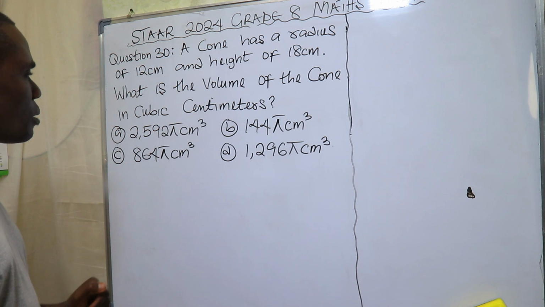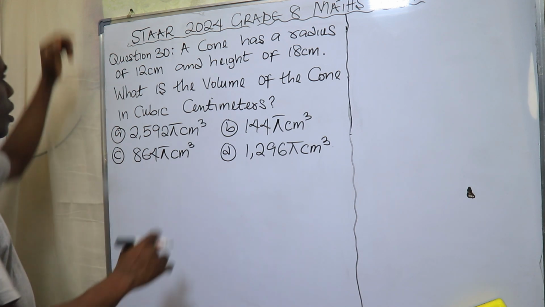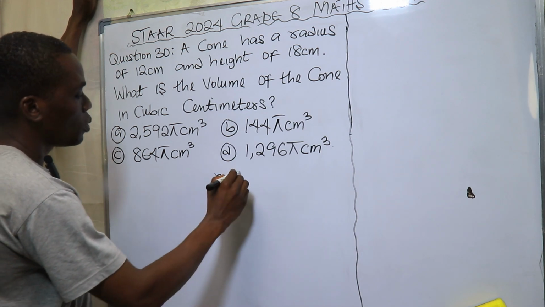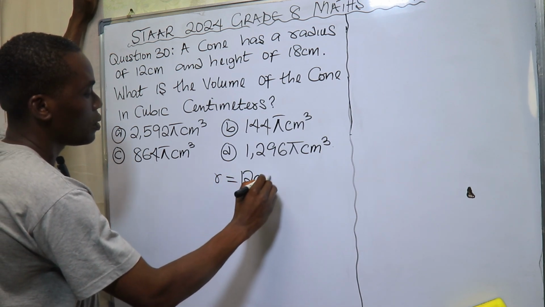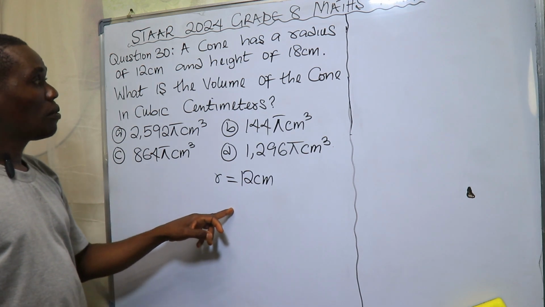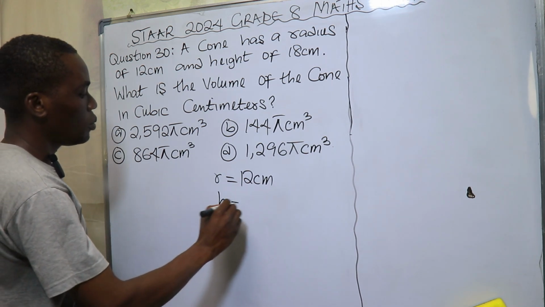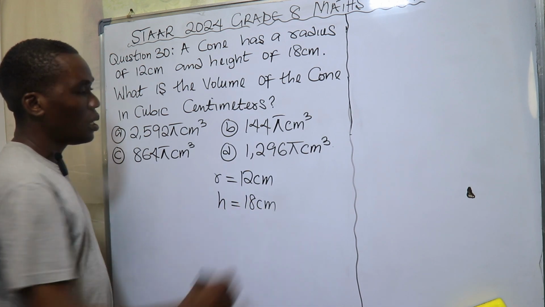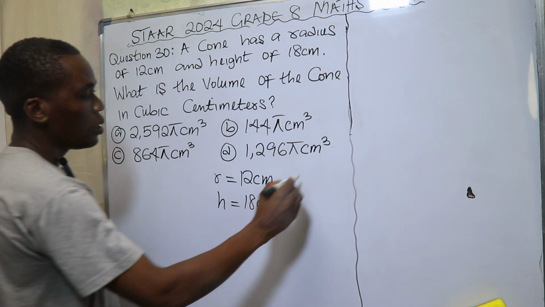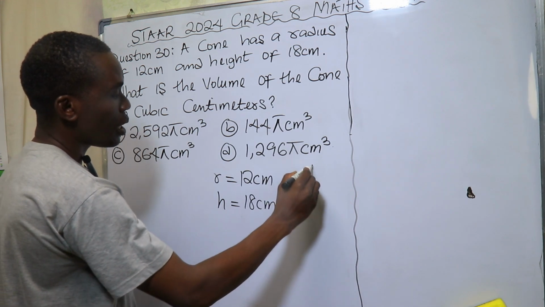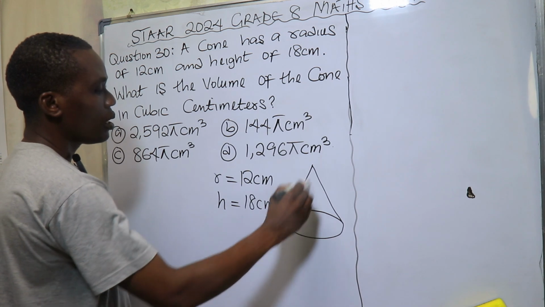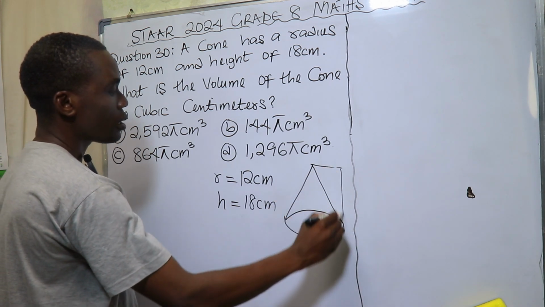Now from this given expression, what are we given? We are given the radius to be equal to 12 centimeters, and the height of the cone to be equal to 18 centimeters. You should know that a cone is a shape like this, and in a cone we have a base and a height.